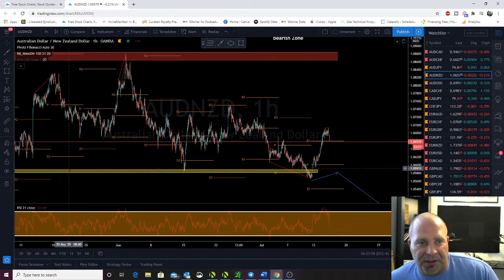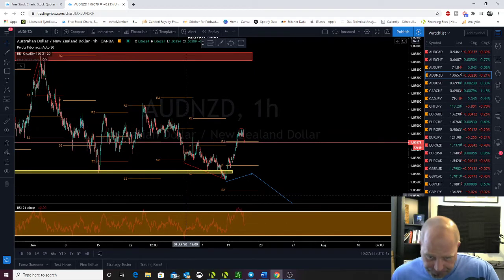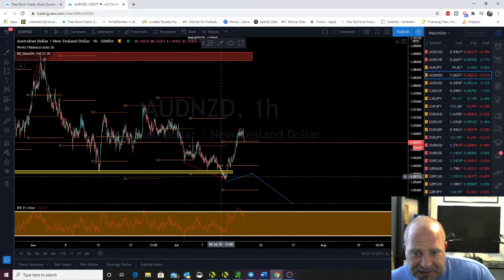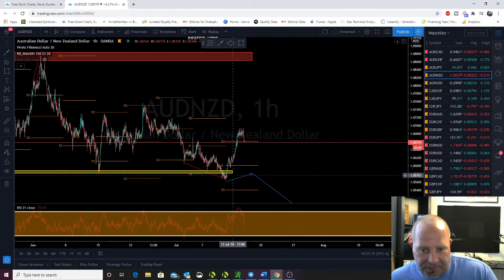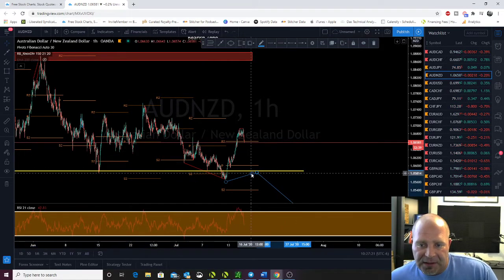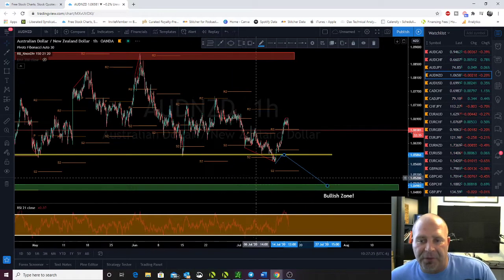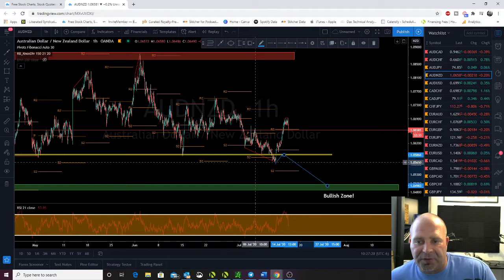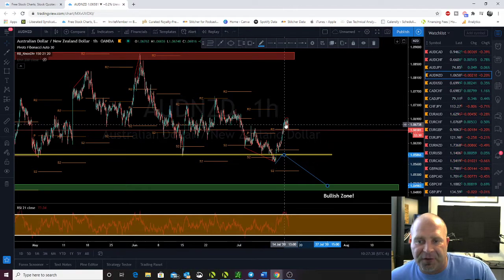Here, Australian dollar, New Zealand dollar. From my Sunday prediction, I was looking for a retest of this area and then a drop, but we didn't get that. We got a really big bullish move after this S2 off this divergence.